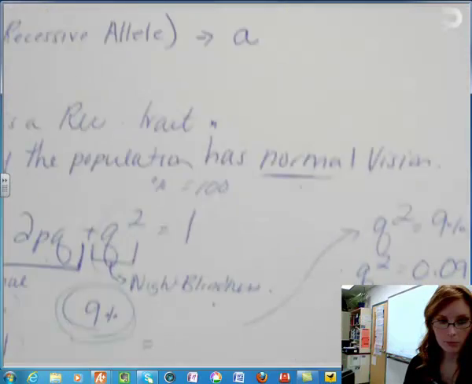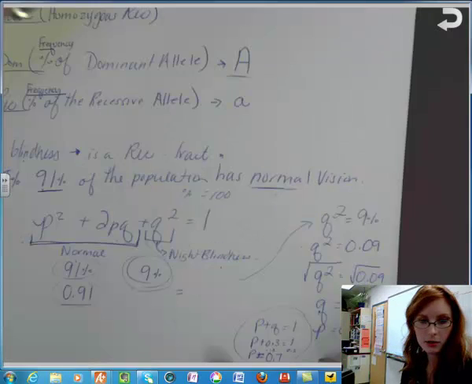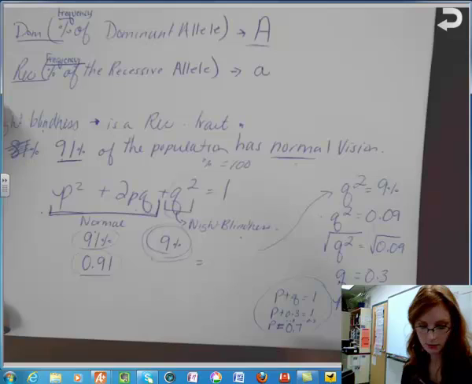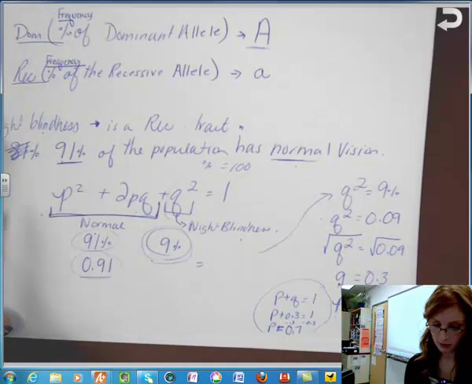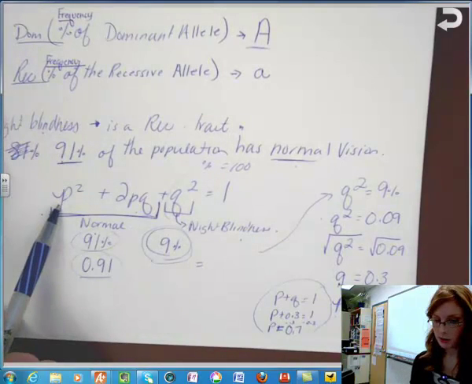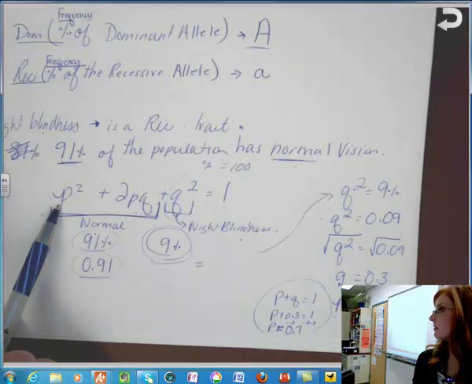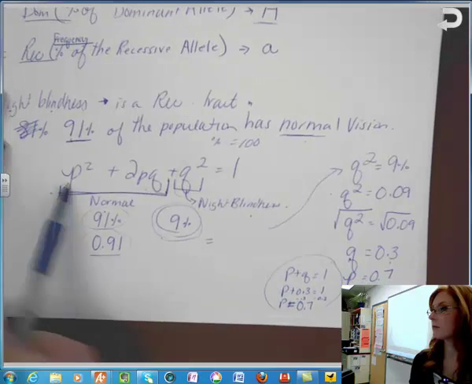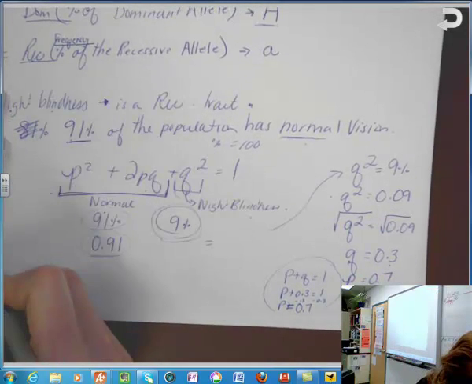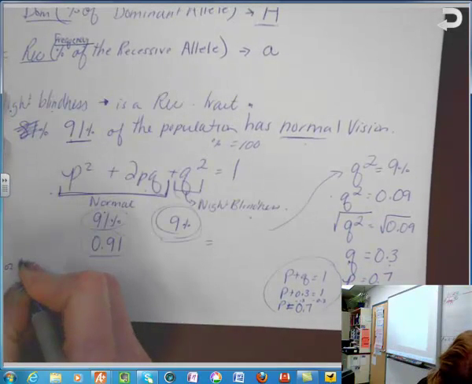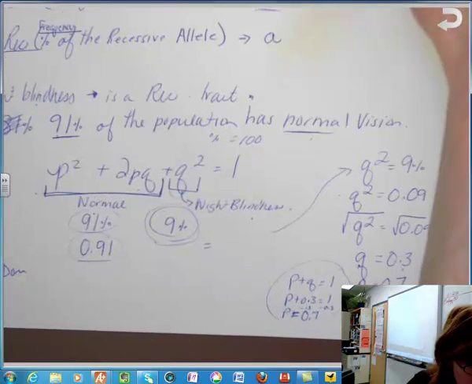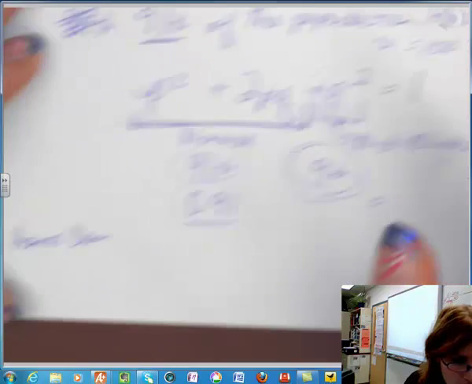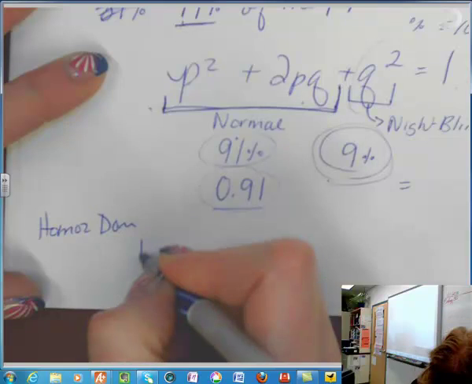Now, the next thing that the question might ask is, what is the percentage of people who are homozygous dominant? So how do I solve for homozygous dominant? Okay, so if we're dealing with homozygous dominant, we're dealing with p squared.